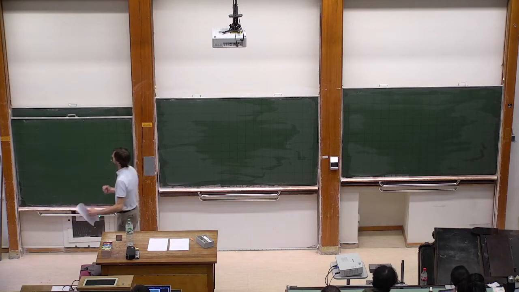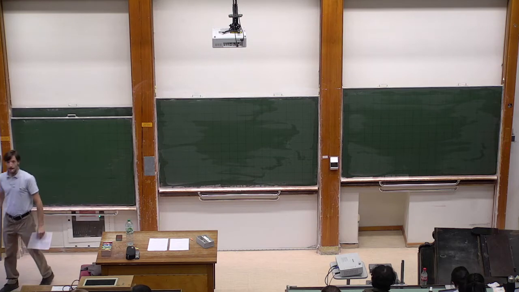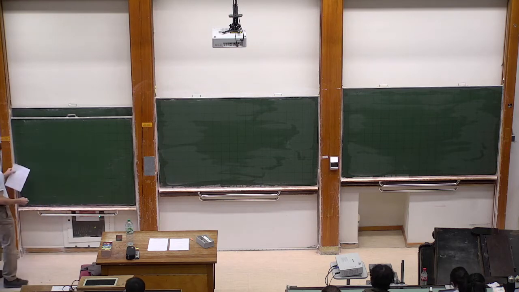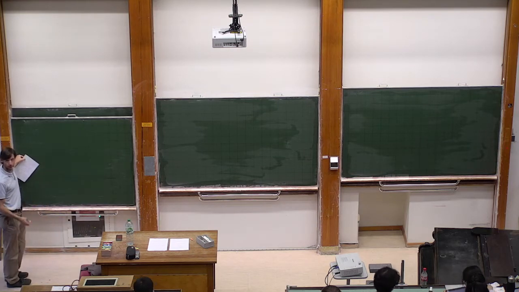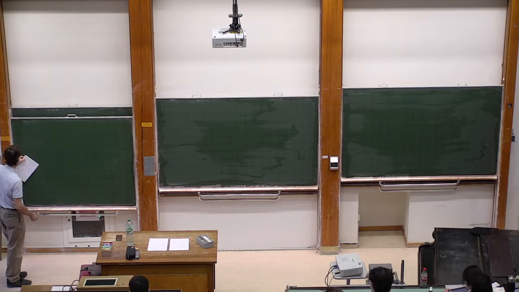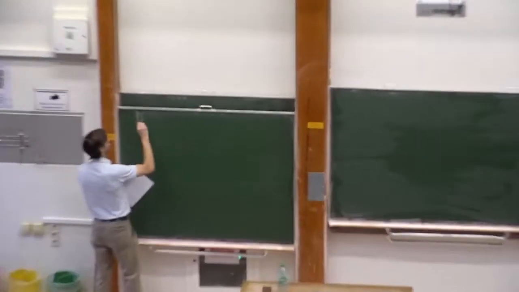Let's get physical now. After seeing the four vectors and all the transformations, we're now going to look at relativistic mechanics.